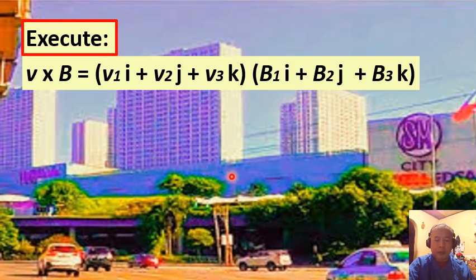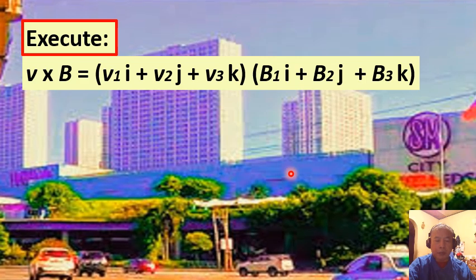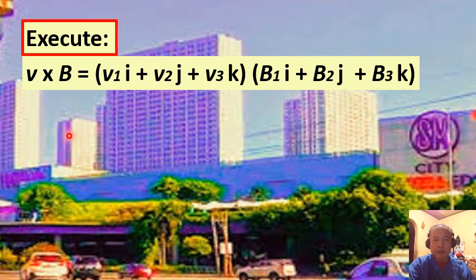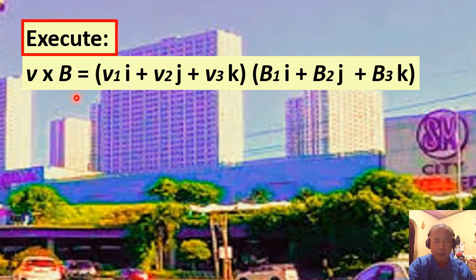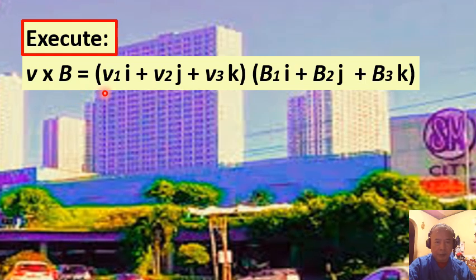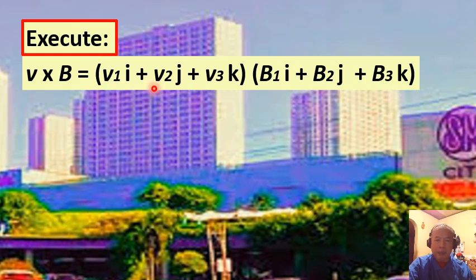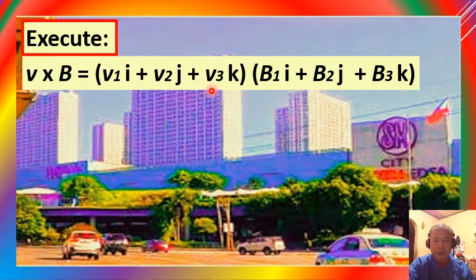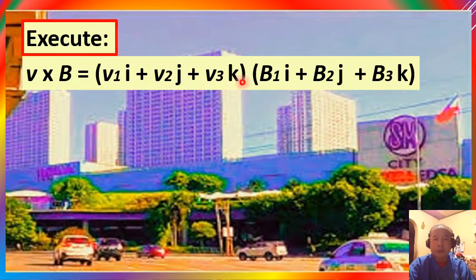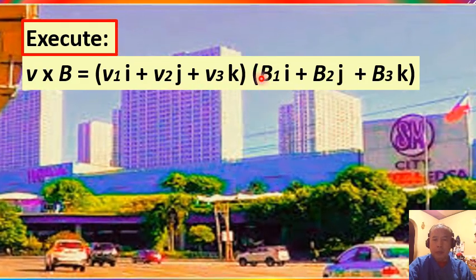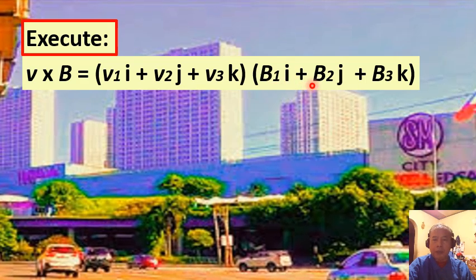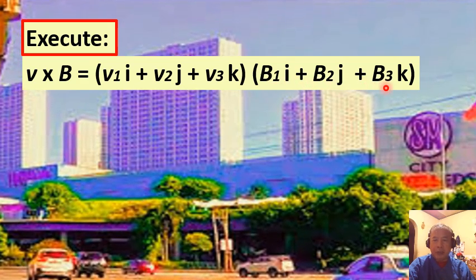Let's start by expanding out the cross product v cross capital B. That is, the quantity v1 i plus v2 j plus v3 k cross multiplied by the quantity b1 i plus b2 j plus b3 k.